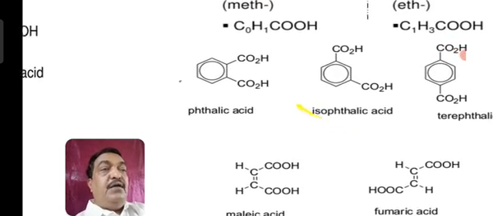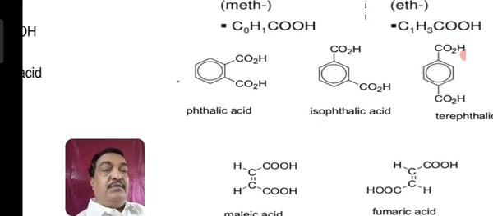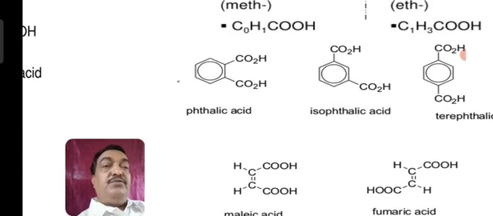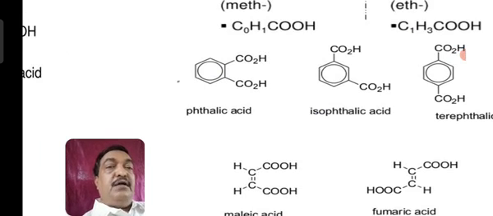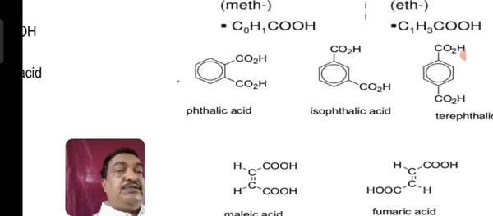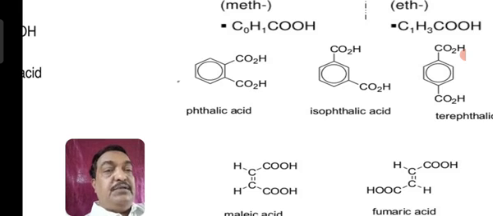Now for aromatic compounds, benzoic acid is there containing only 1 COOH. If the same benzene contains 2 COOH, it is called phthalic acid. Phthalic acid at the 1 and 2 positions is 1,2-dicarboxylic benzene, phthalic acid. 1,3-dicarboxylic acid is called isophthalic acid. 1,4-dicarboxylic is called terephthalic acid, right?